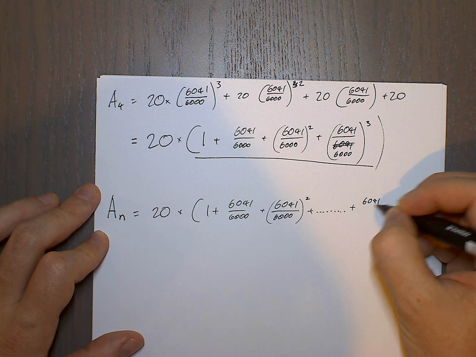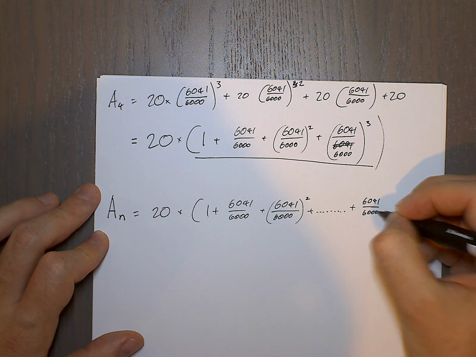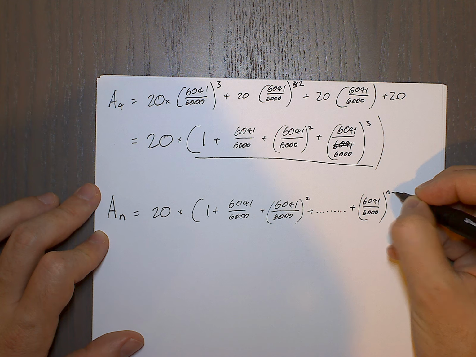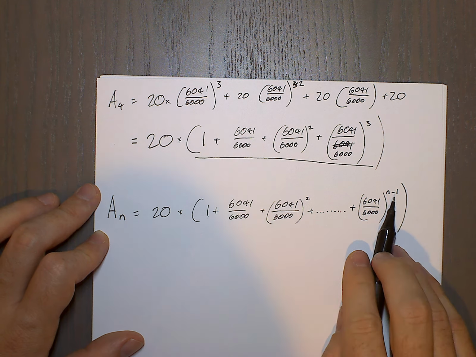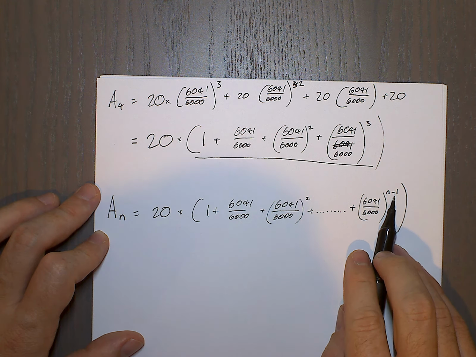So what this would be is n minus 1. Okay, just in case, I'll just point it out very clearly.